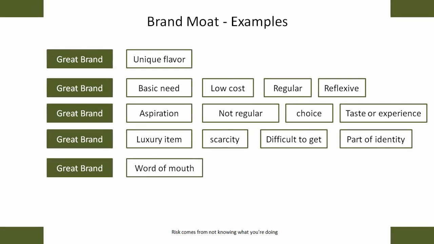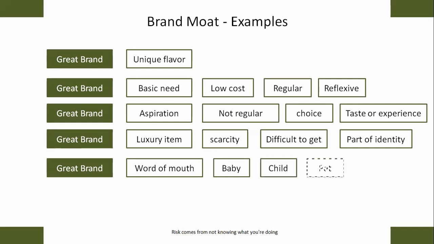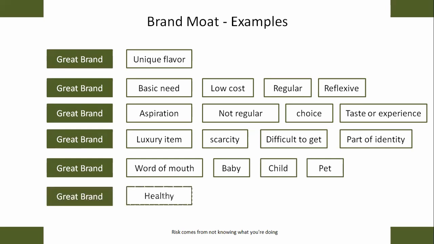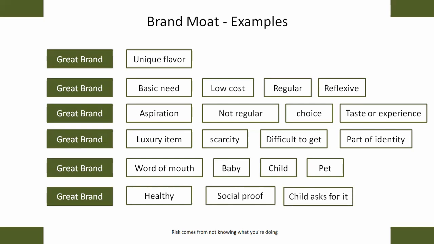The next is, there is a great brand and there is a word of mouth, anything related to baby, child or pet, because we normally ask our friends, which product to buy for our child. And it could be something which is a healthy product and there is a social proof for that, and your child asks for it or pet demands it, right?